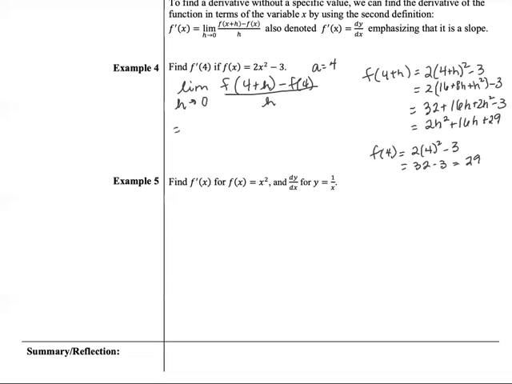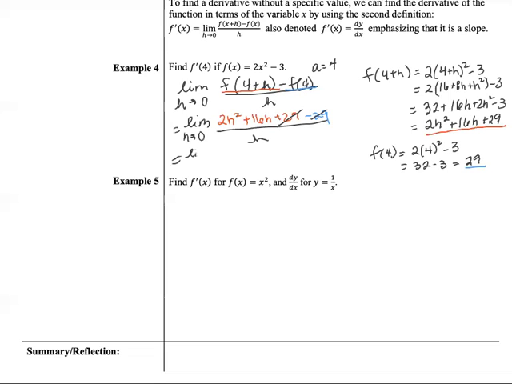So into here, we put the limit as h approaches 0 of f of 4 plus h we found, and that is 2h squared plus 16h plus 29 minus f of 4, minus 29, divided by h. 29 minus 29 is 0.